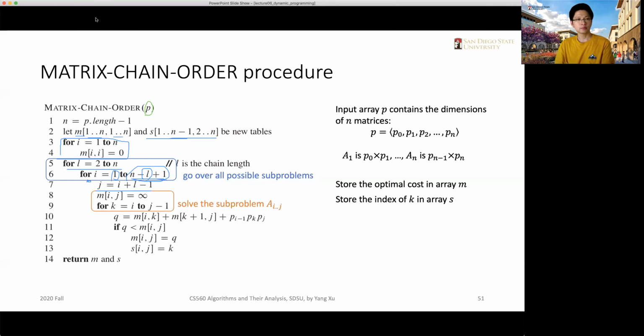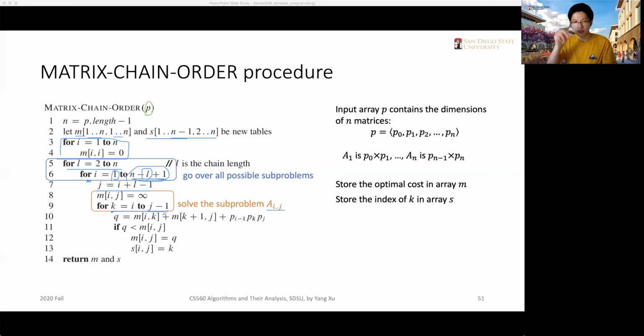Because the subproblem is from I to J, and we need to solve it by going through all possible ways of dividing the subproblem, right? So there are that many positions to place the last layer of parenthesization for this particular subproblem. We need to place K among I to J minus 1, okay?